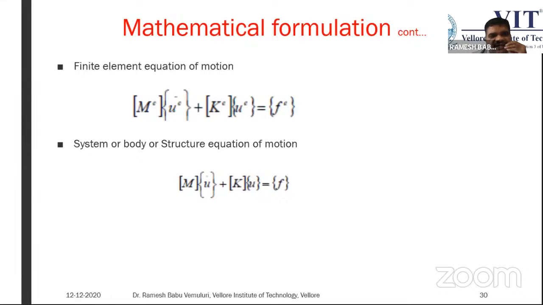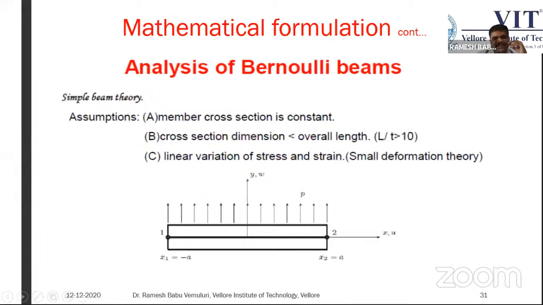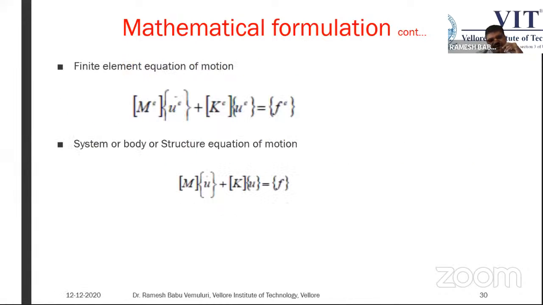Then the finite element equation of motion, with M, K, U, and F for the element. This is the elemental equation of motion, whereas we need the global equation of motion for the total structure, which will be M, U double dot, plus K, U equals F. Once you consider this as a free vibration, the force term will become 0, and then from K, U, and M we can get the natural frequencies. So this is how we can get the natural frequencies.